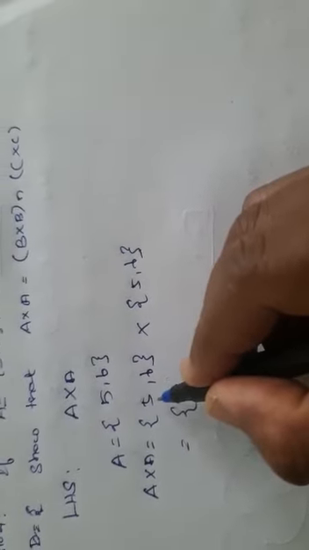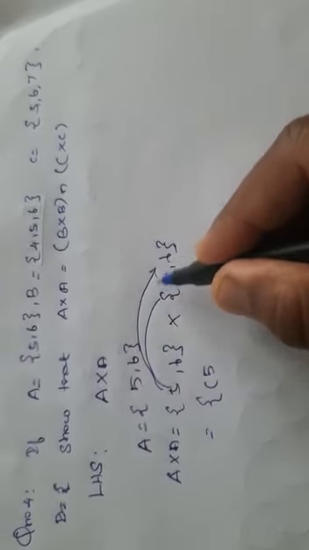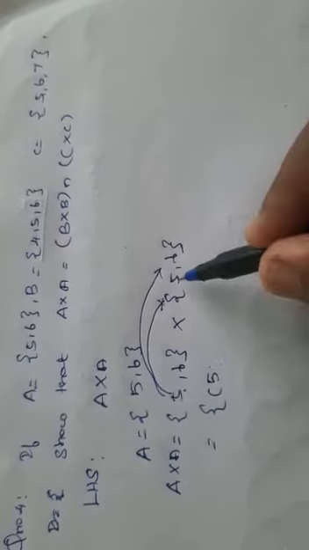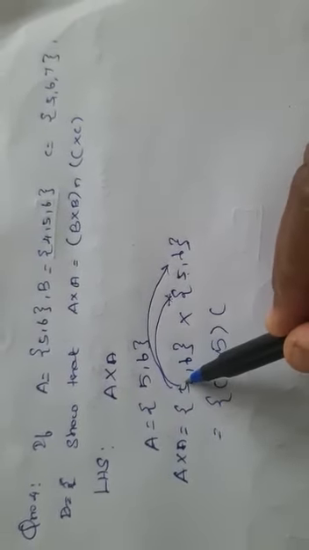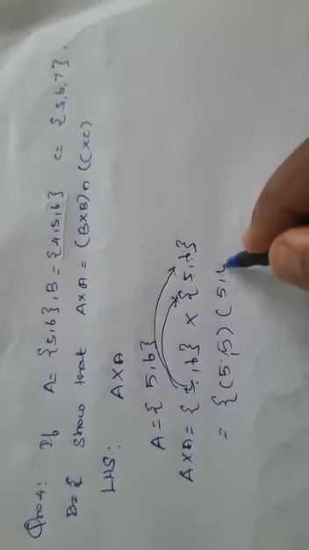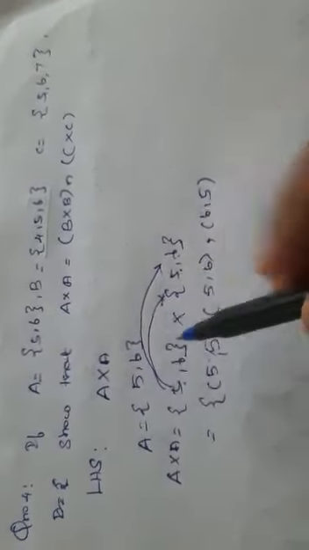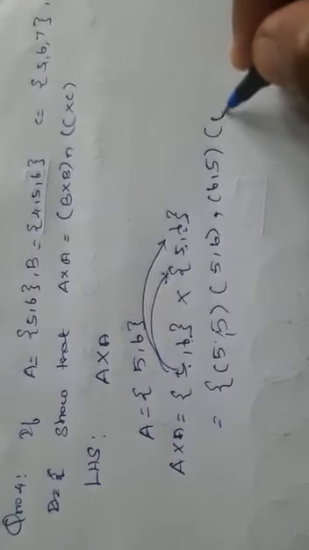The first element is 5, so we have to take the cross product with the next set. So first one is (5, 5). Next one is (5, 6). Next it is (6, 5). Next it is (6, 6).